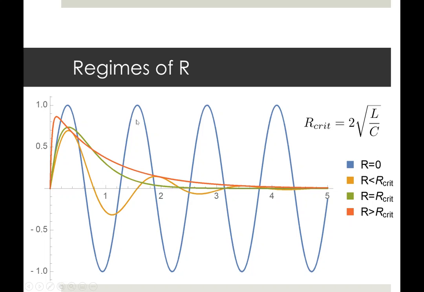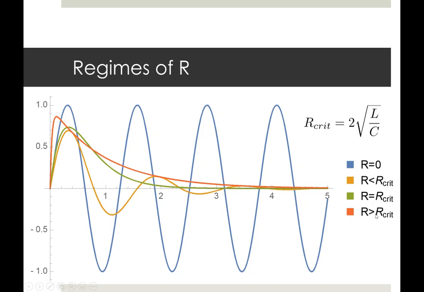For absolutely no resistance, the circuit will just continue to oscillate forever. For some small amount of resistance, it will continue to oscillate, but it'll die out over time. And then at some point you transition over into this state where it no longer oscillates, and it just dips down without passing over.